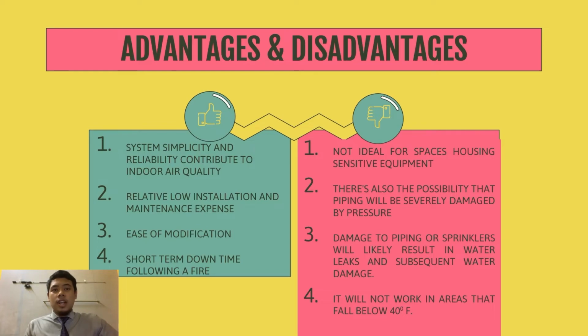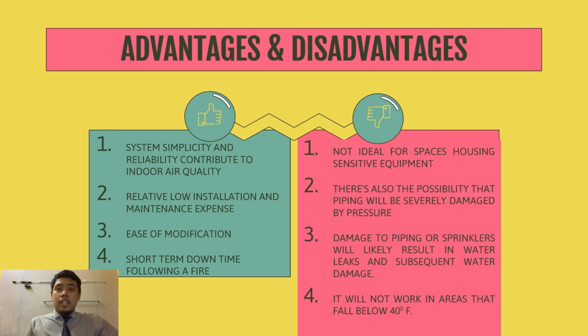This ensures unsurpassed dependability, which is critical given that sprinklers may be required to lie idle for years before being used. The element of simplicity is also crucial in locations where system maintenance may not be conducted as frequently as required.